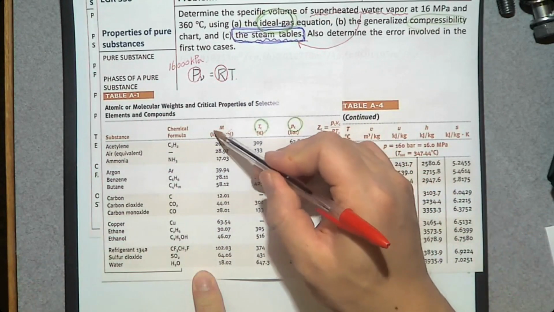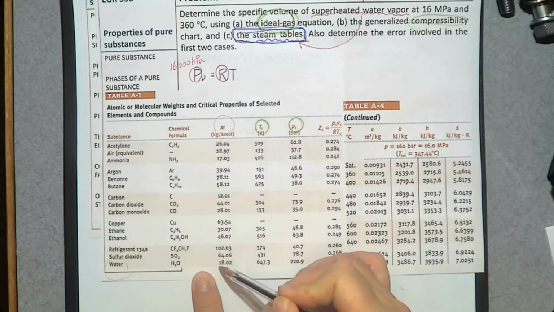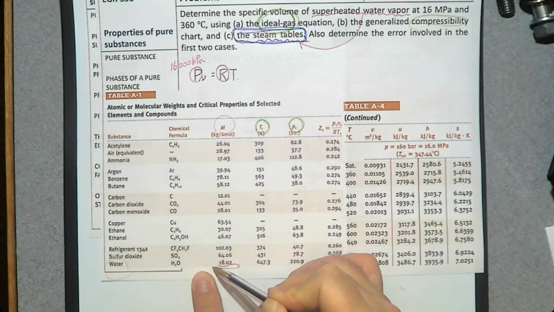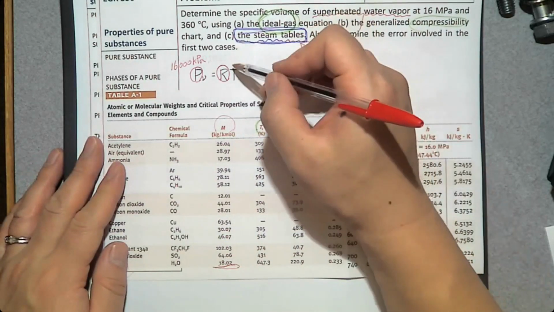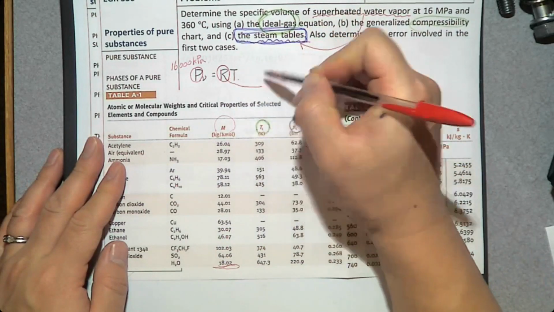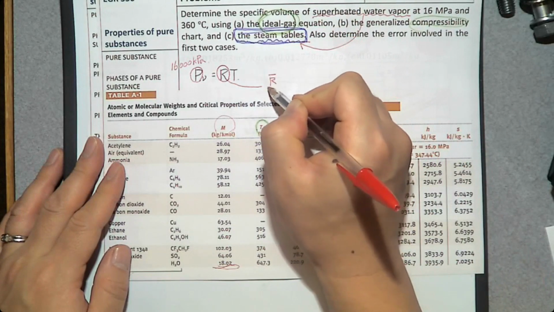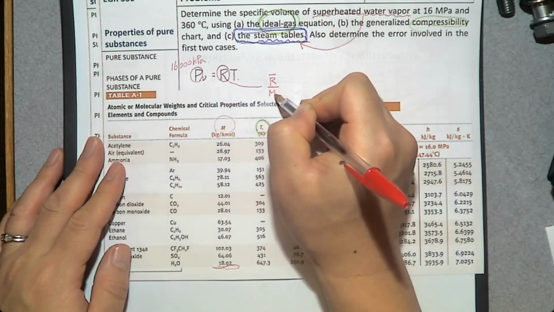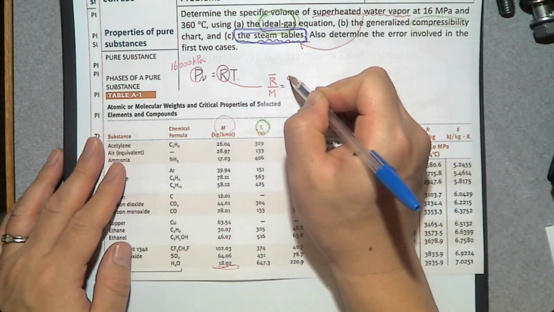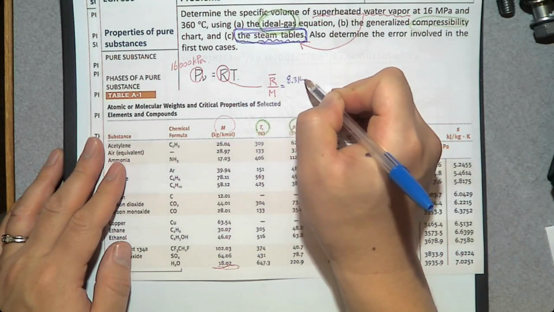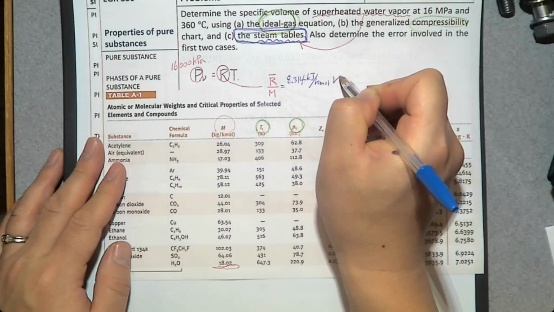The molecular weight of water is 18.02. And if you know this molecular weight, you can determine the gas constant. This gas constant can be determined by this equation: universal gas constant R bar divided by molecular weight. And this universal gas constant is always 8.314 kilojoule per kilomole Kelvin.